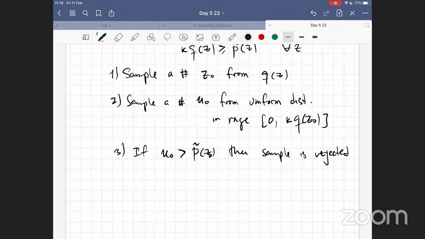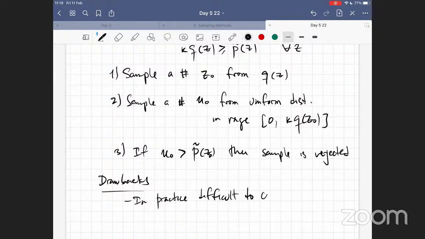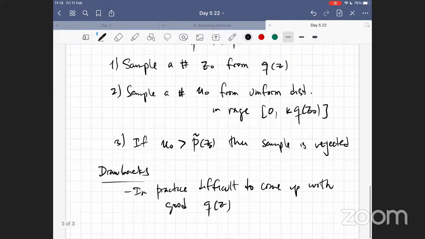Okay, so this is the algorithm. There are drawbacks. First of all, in practice, it's very difficult to come up with a good proposal distribution, in terms of rejection rate.